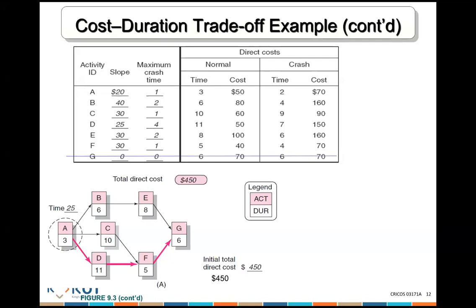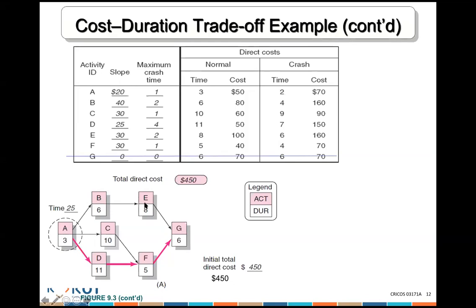Now, I want you to look, how many roads do we have? To finish the project, how many paths do we have? 3. Yeah, so that's A, B, E, G, A, C, F, G, and A, D, F, G. Correct? Can you see them? Yes, sir.